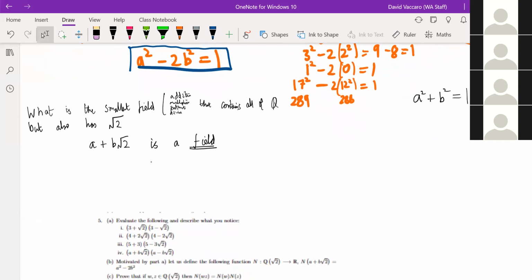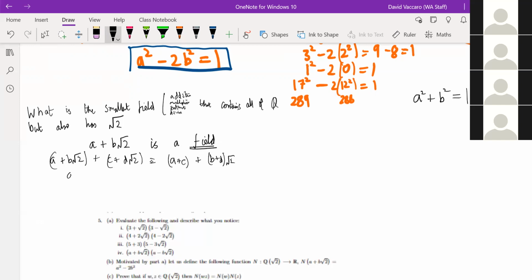Now why? It's very similar to when we showed that complex numbers are a field. Addition is easy, because just like in complex numbers, where you add real and imaginary parts, here you add rational parts and then multiples of root 2.